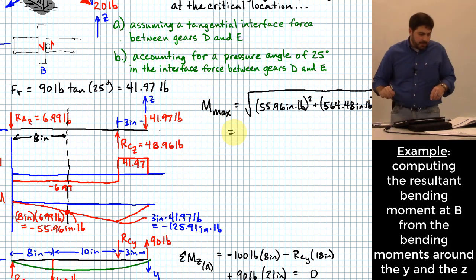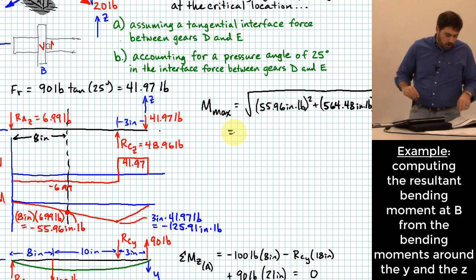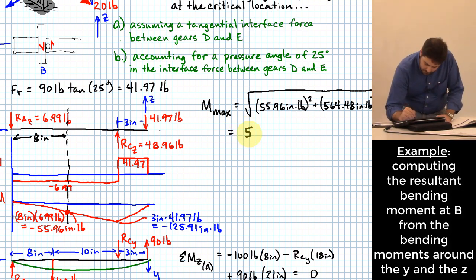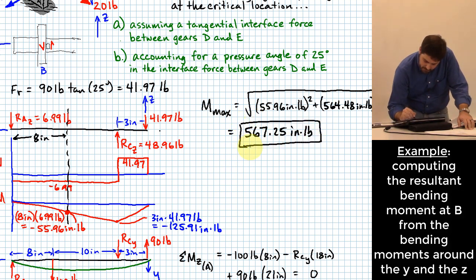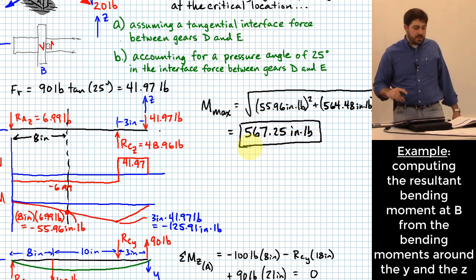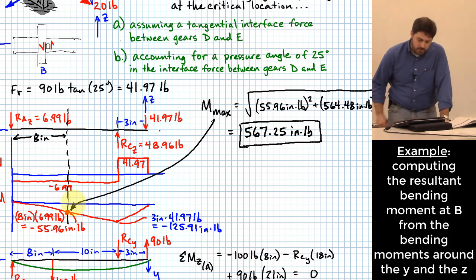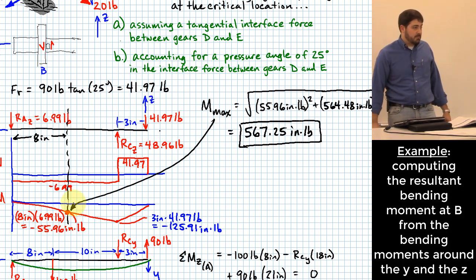When I calculate all of that, it gives me an overall bending moment of 567.25 inch-pounds. I mentioned a second ago there might be two places you need to check. The one I just checked is that one right there. Where's the other place I might need to check?